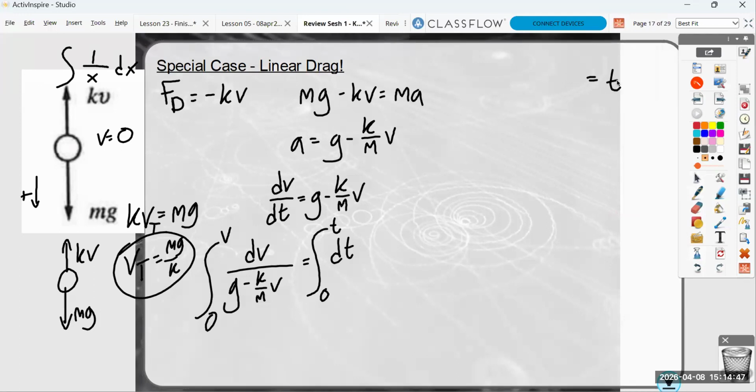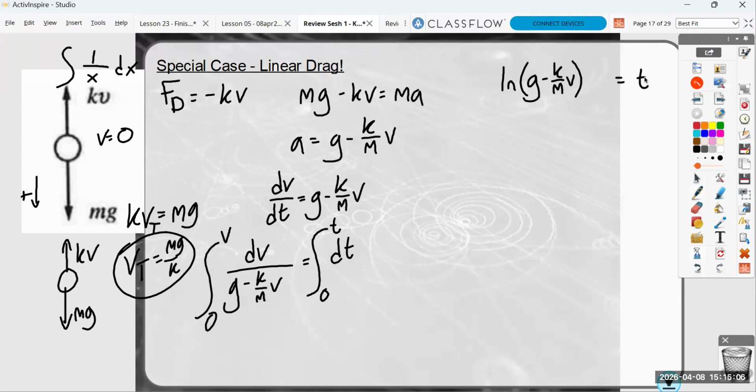That looks like maybe an ln of g minus k over m v. I actually should be a little careful on this side.